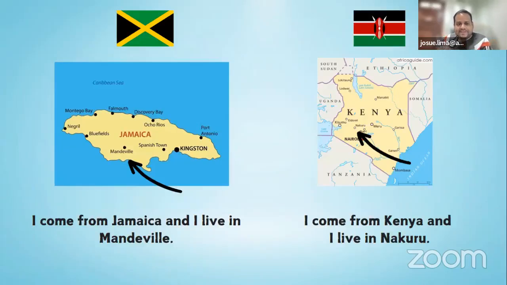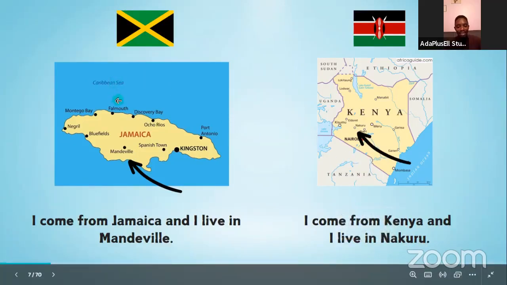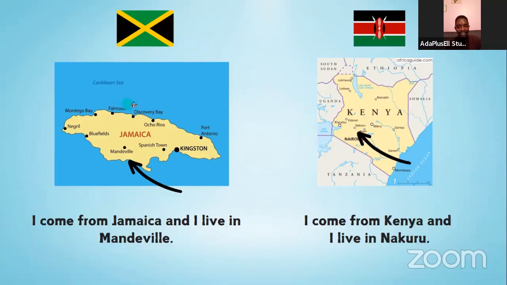Okay, go ahead. You talked about it. So here, it's when someone now asks you, we talked about where someone comes from. And here you can see we are saying, I come from Jamaica and I live in Mandeville. And this is the map of Jamaica. Here you can see the background of the map. What is the color? The color is blue, the ocean. Yes.